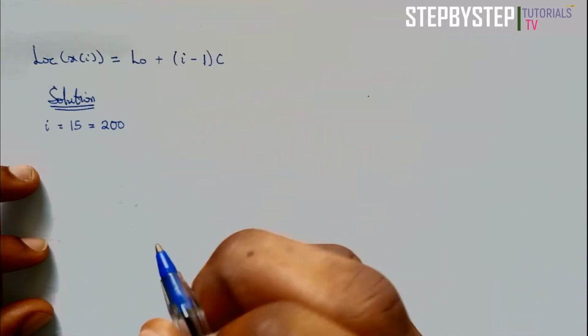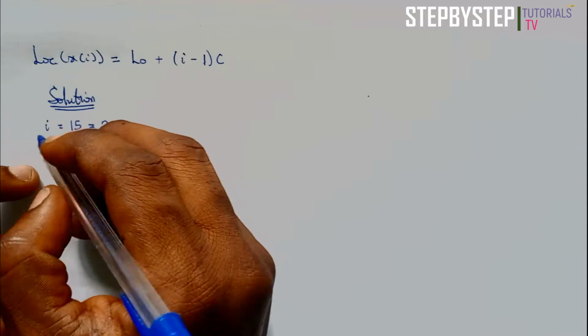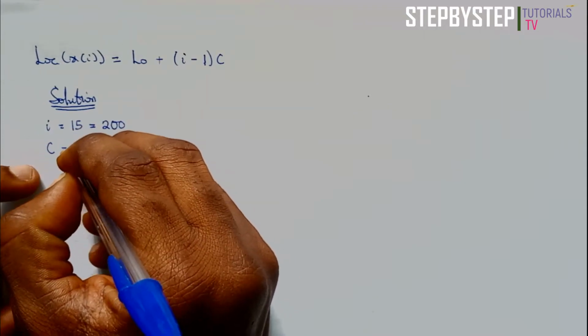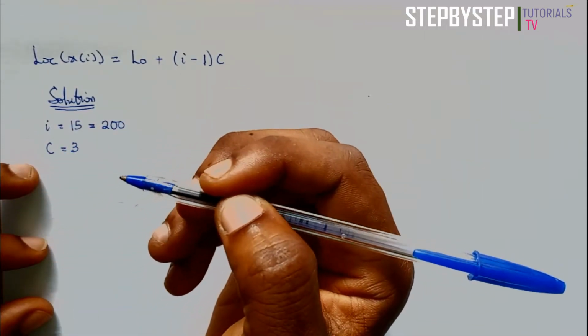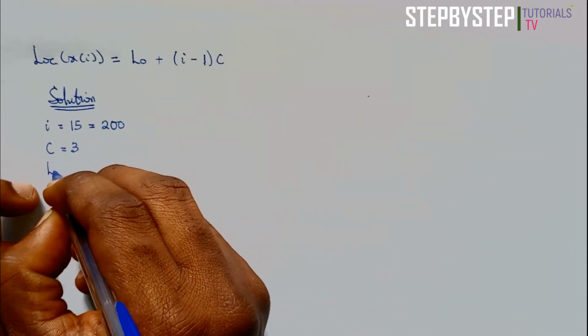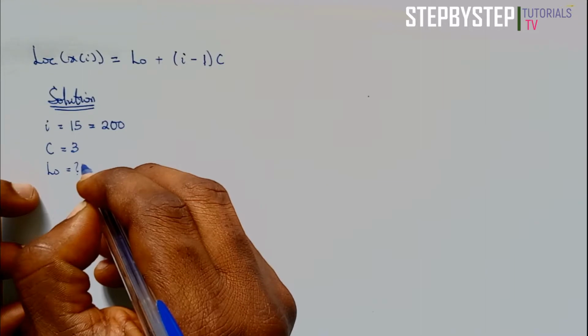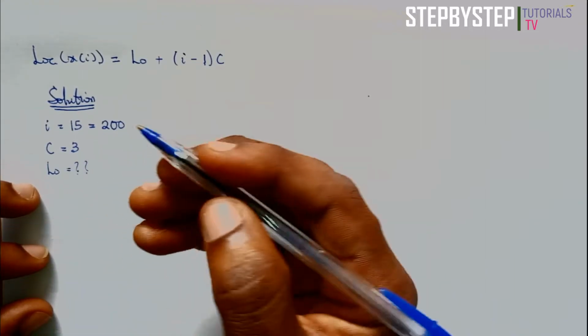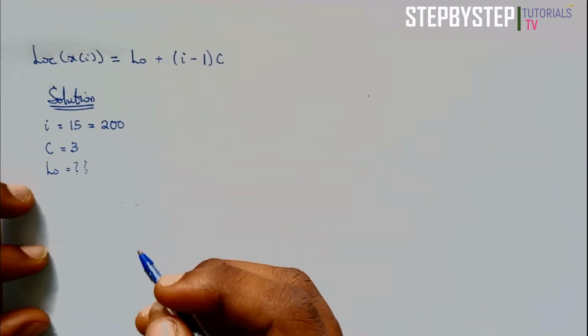If 3 words are used for storing each element, we get to know that our C is also 3. Then we need to calculate the base address, or what we call the first element, LO, which we know not.